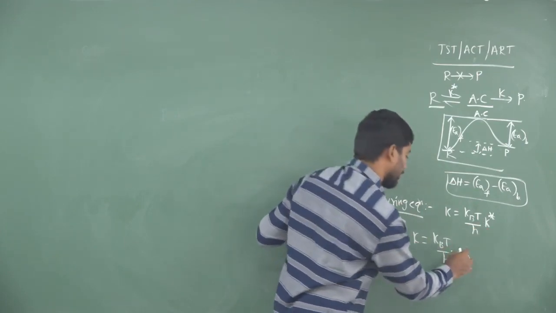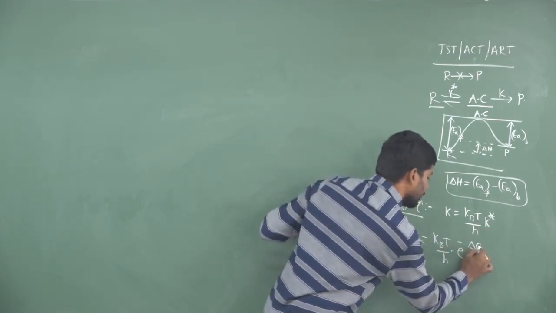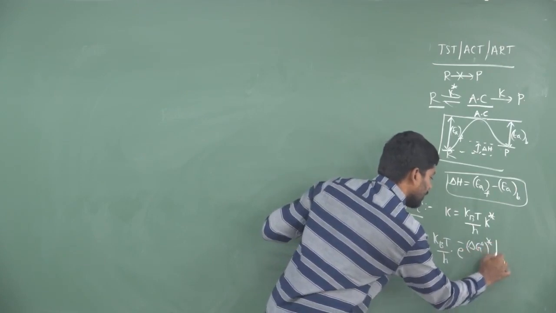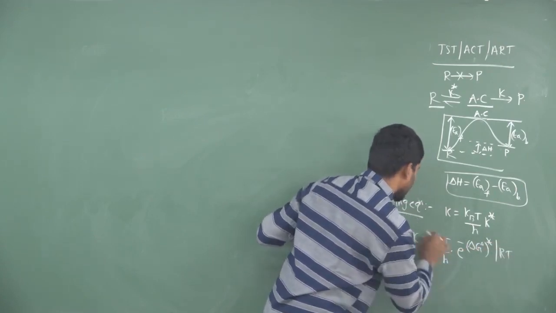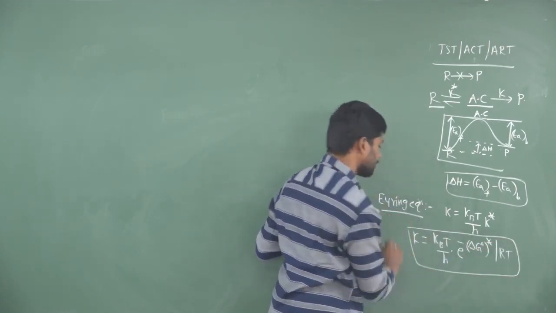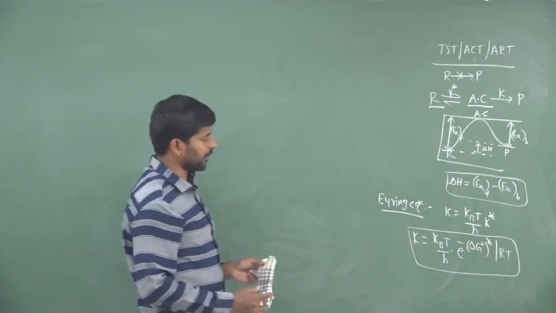Just remember this equation; previously this question was also given. The equilibrium constant we can write from thermodynamics as e power minus delta G naught star by RT. This is called the Eyring equation.